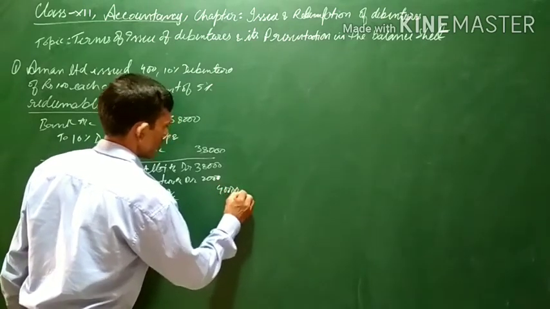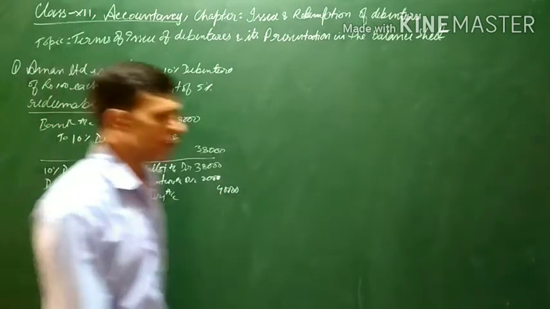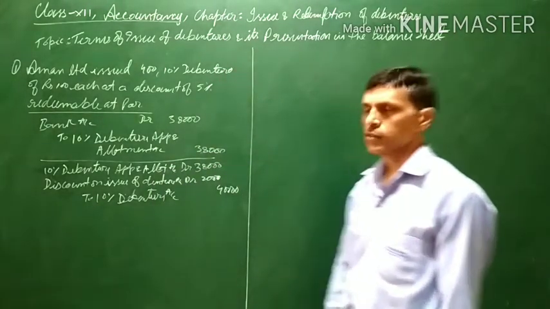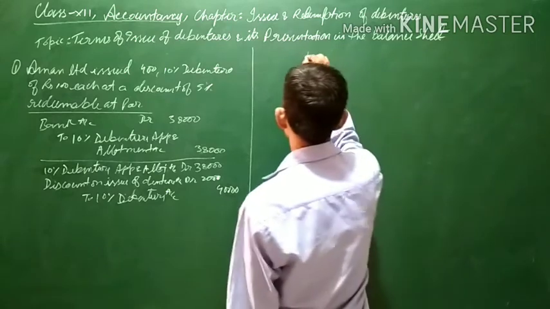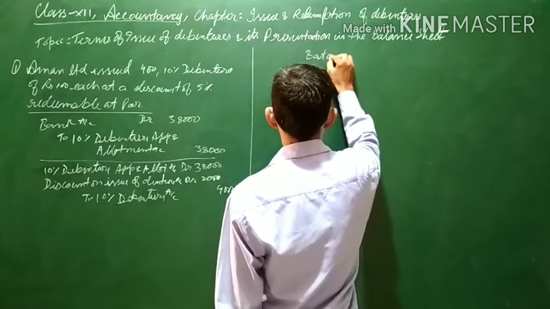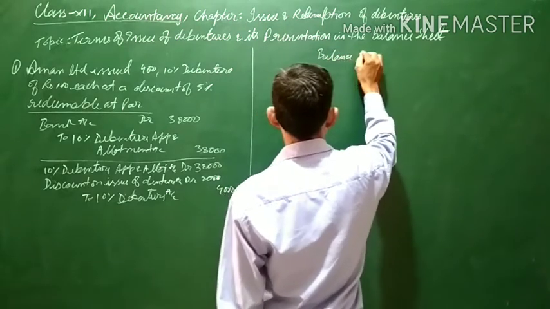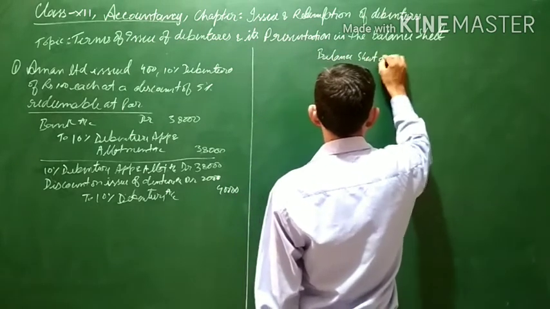40,000. Now let us see how this will be presented in the balance sheet of the company. Balance sheet of the company, as you know, the format will be balance sheet.